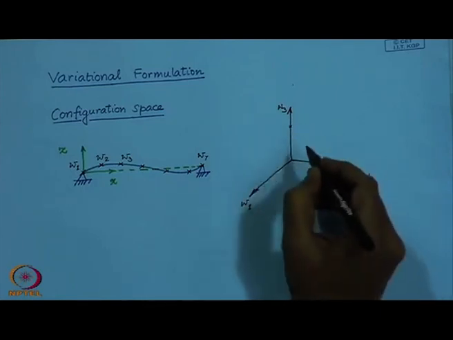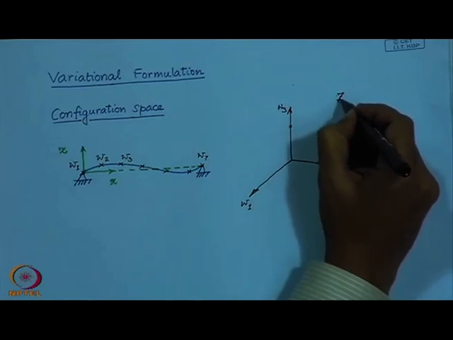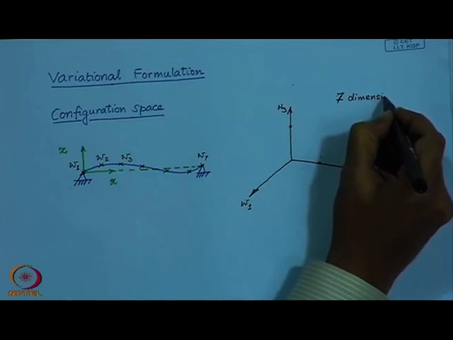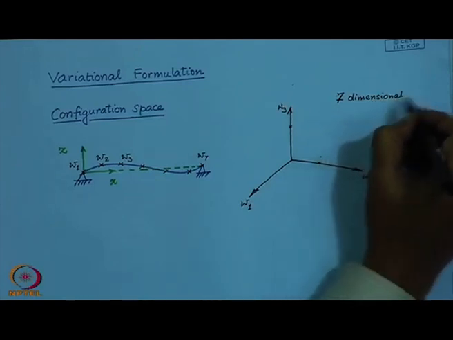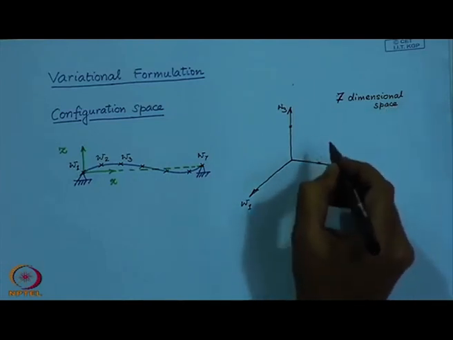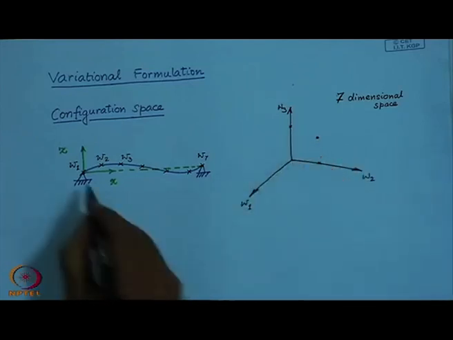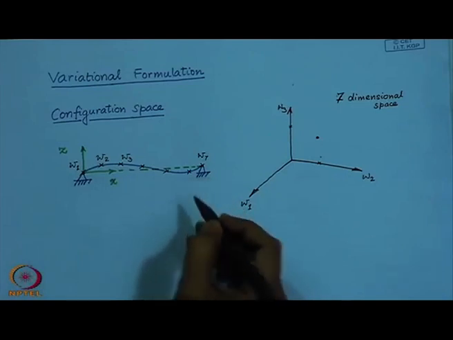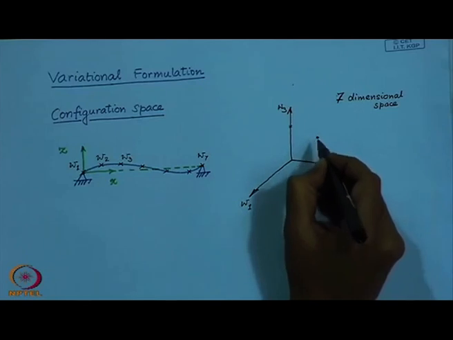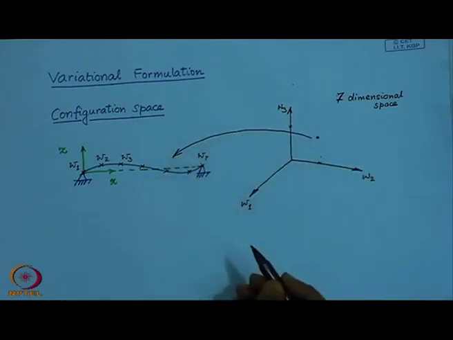So, in this space, which is now a 7-dimensional space, there is a point which represents this configuration. So, in such a space, a point represents a configuration. This point, for example, represents this configuration of the string.